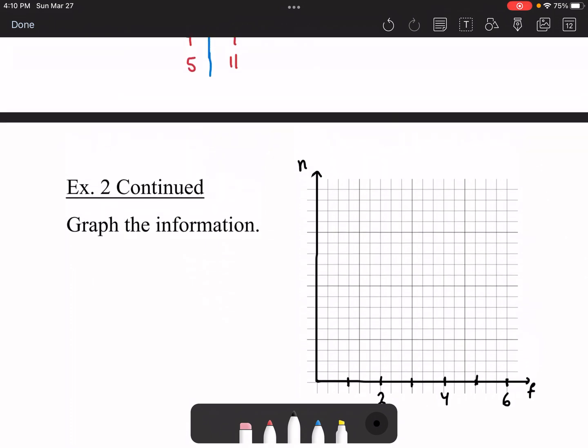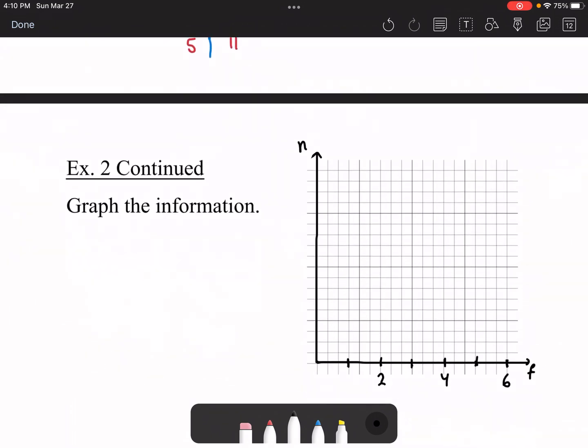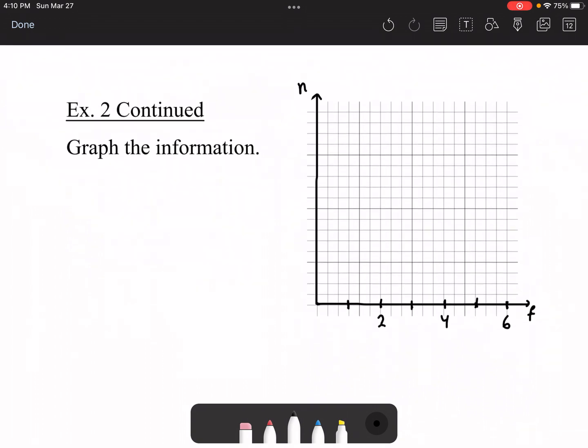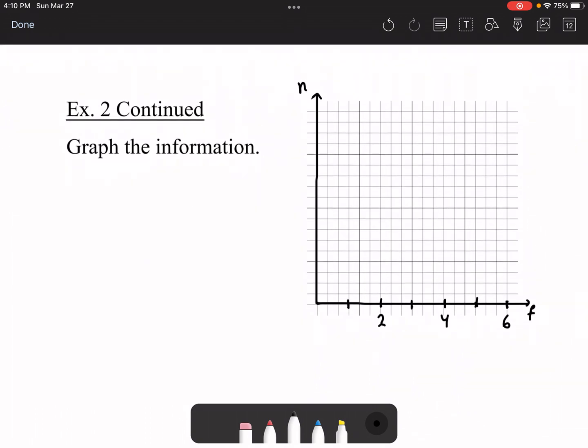Now, because my number of squares increases by a larger amount here, at a faster rate, I'm going to use a smaller scale for my vertical axis. I'm going to increase faster here. So this is going to be 2, 4, 6, 8.